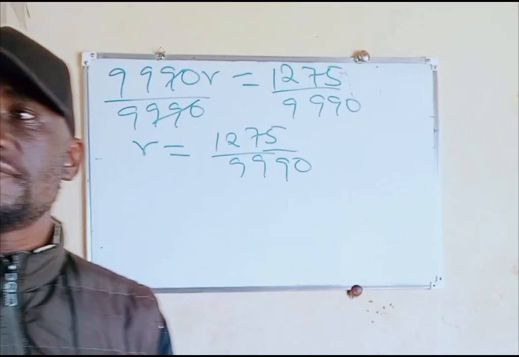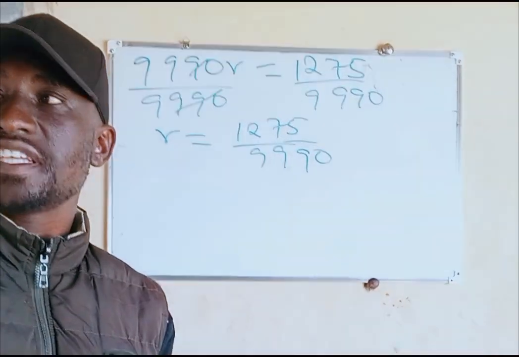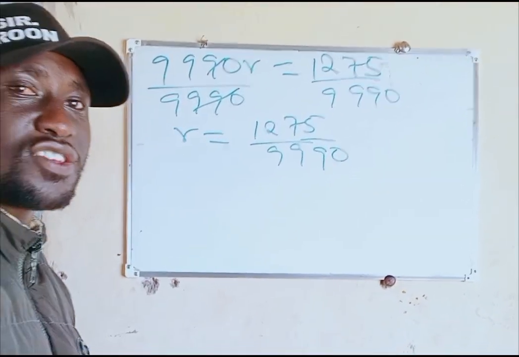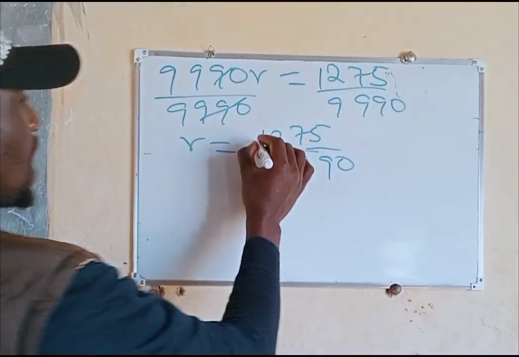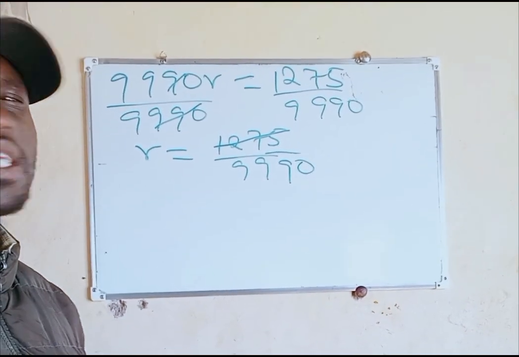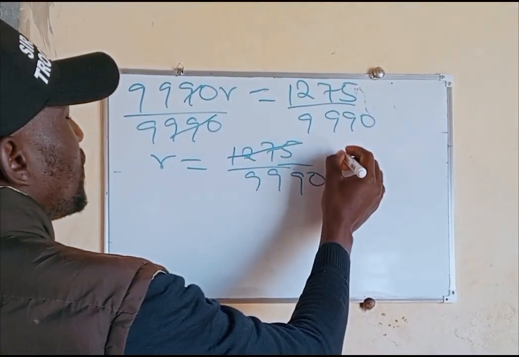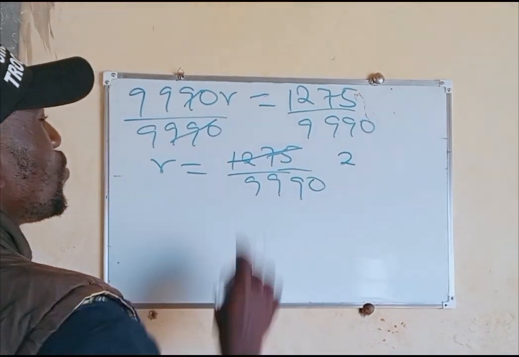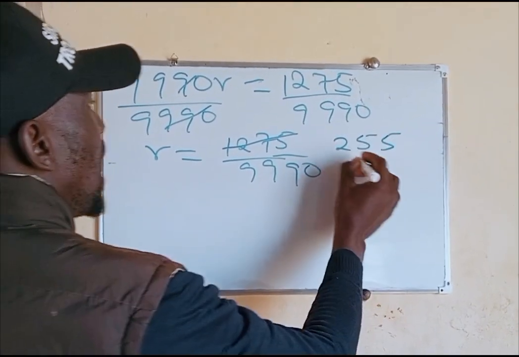That is where the divisibility test now comes in. A number is said to be divisible by 5 if it ends with either 5 or 0. That means that 5 can go here. How many times? Into 12, we have there 2. Remember 2, 27, we have 5. Remember 2, that is 5, 255.